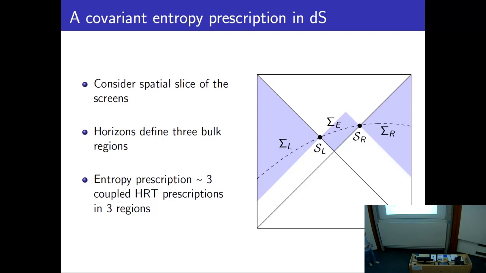Roughly, the idea of the prescription is just to repeat a prescription that is completely analogous to the one we do in AdS, but in these three blue regions instead of just one AdS bulk. These blue regions are just the causal diamonds of the three subsystems of this slice defined by the cosmological horizons.